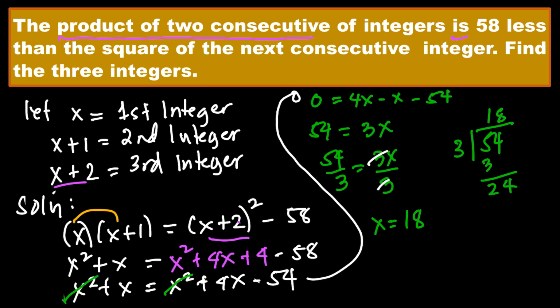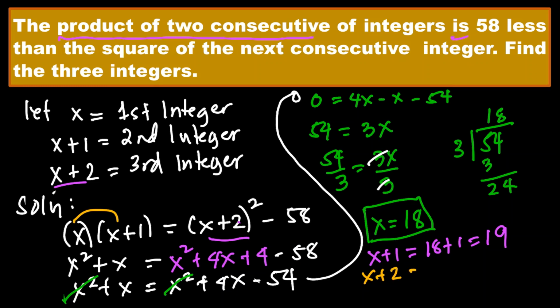So our x here is 18. Okay, so what will be the next number? The next number is x plus 1, so that will give us 18 plus 1 or 19. And what will be our third integer? Our third integer is x plus 2, that will give us 18 plus 2 equals 20.